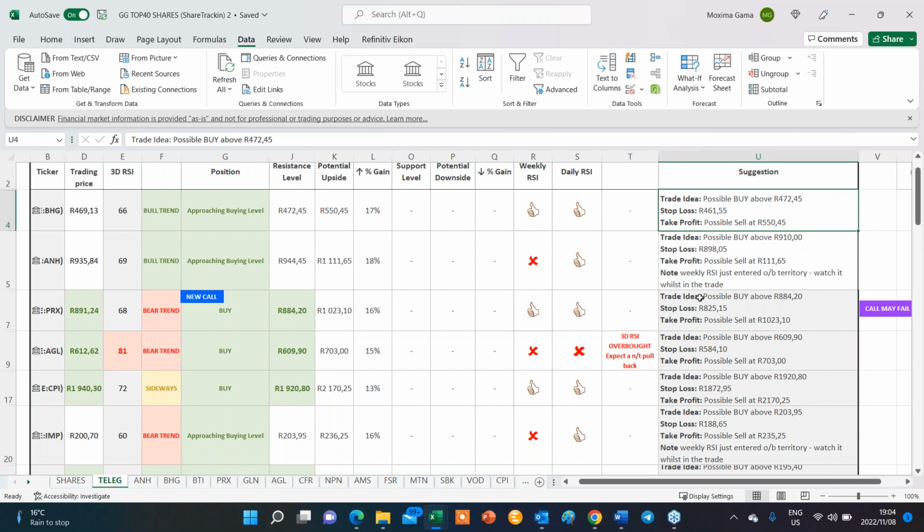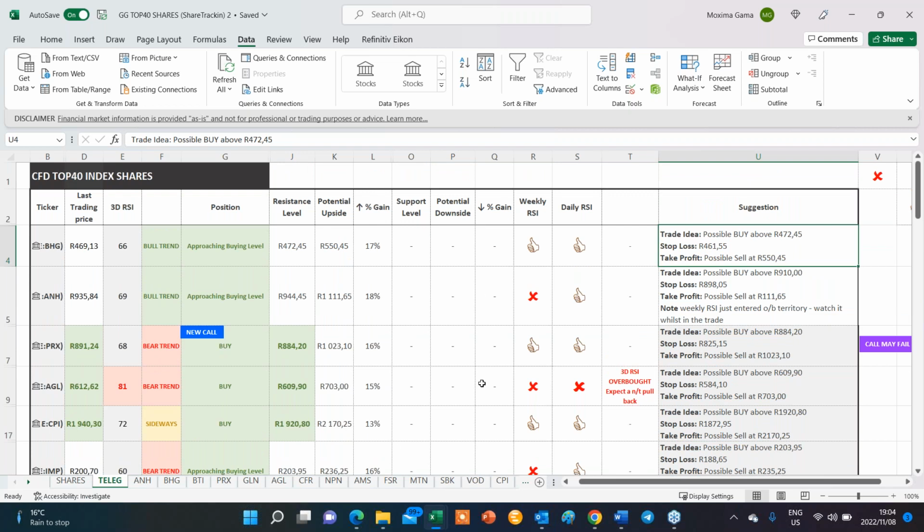I know people are inundated with information, so time to read is sometimes very impossible to get. So this is how I am presenting it on Telegram, where it would give a trade idea, giving a possible buy because it's, in this case, approaching a buying level, the level that it's going to approach. And obviously when it does trade above it, it turns green.